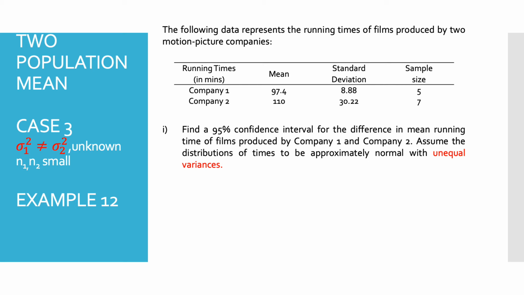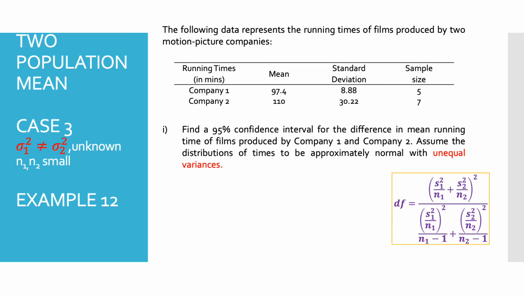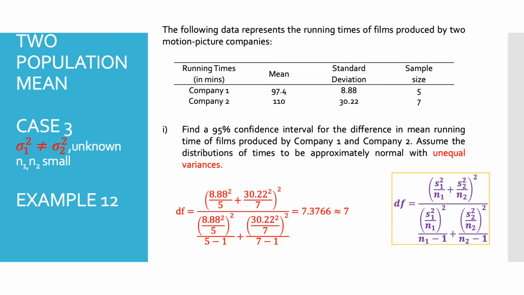You can see the hint given here. They said that both populations have unequal variances. So what should you do first? You need to find the value of degrees of freedom by using the formula df equals (s1 squared over n1 plus s2 squared over n2) squared over (s1 squared over n1) to the power of 2 over n1 minus 1 plus (s2 squared over n2) to the power of 2 over n2 minus 1.